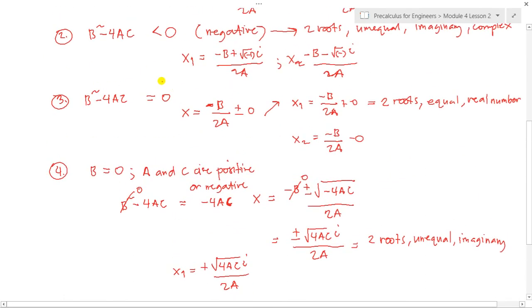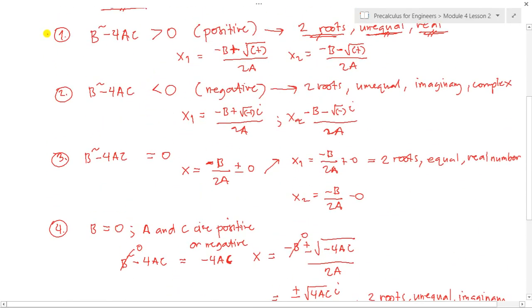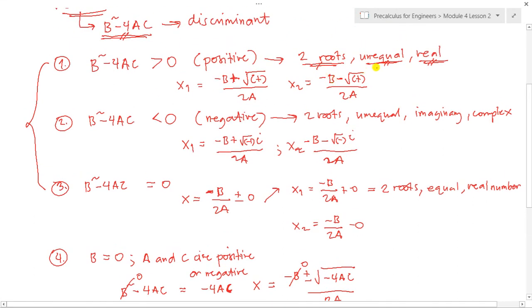So again, just remember this. I think the important here is this 3, the first 3. Let's say our b squared minus 4ac is greater than 0, maging positive, therefore may dalawa tayong roots. They are unequal but real numbers. If b squared minus 4ac, our discriminant, ito is less than 0, therefore negative yung sagot sa ating sa loob ng radical sign.